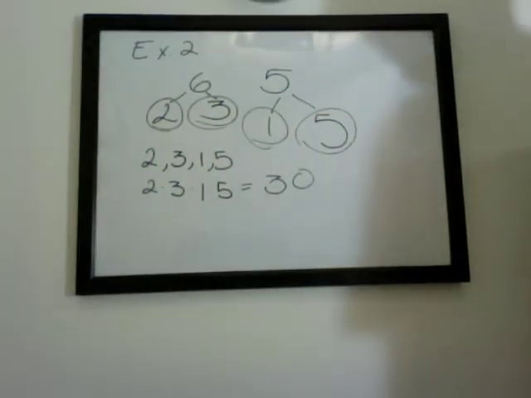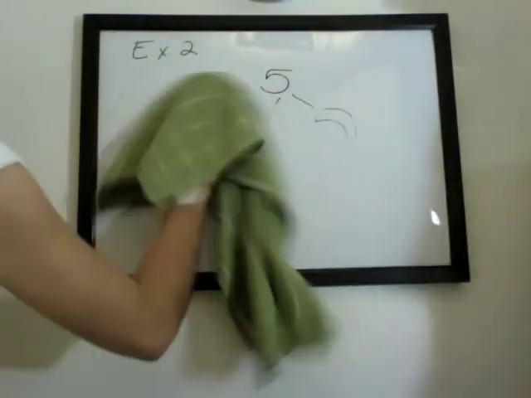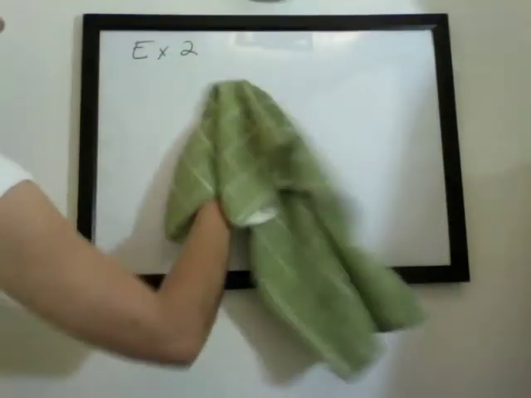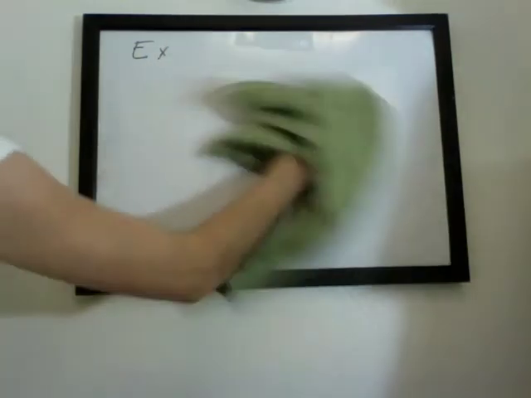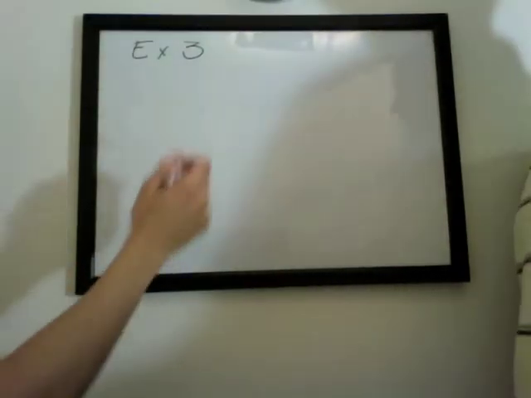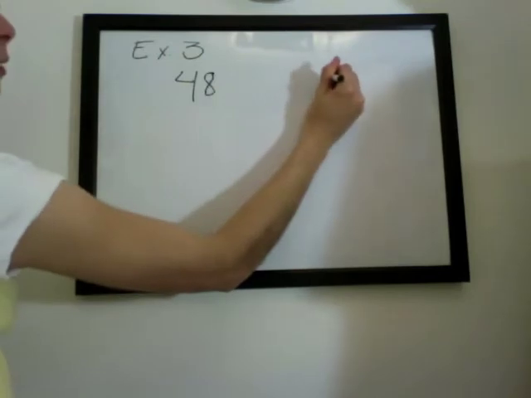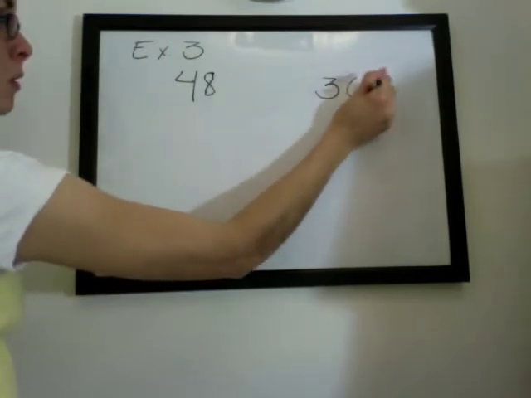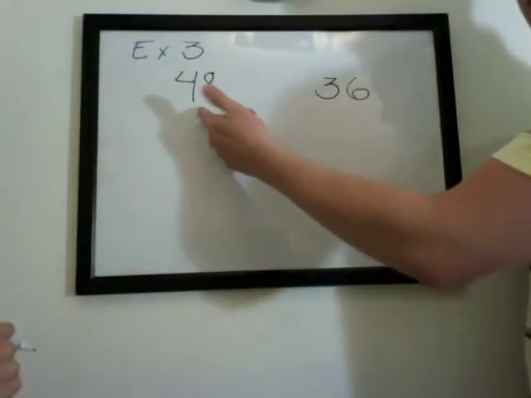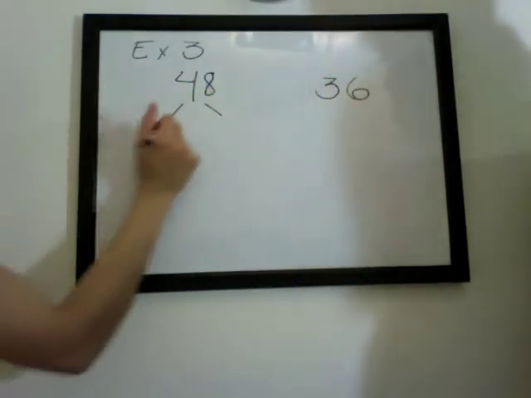Okay, let's look at another example. This will be the last one that we look at. Okay, we're going to look at 48 and 36. Okay, let's break up 48. If you divide 48 by 2, you get 24.